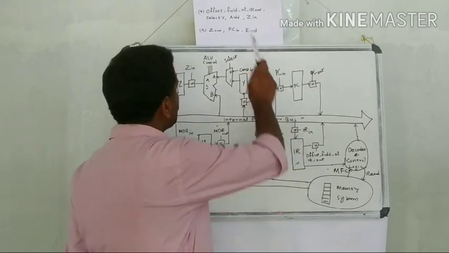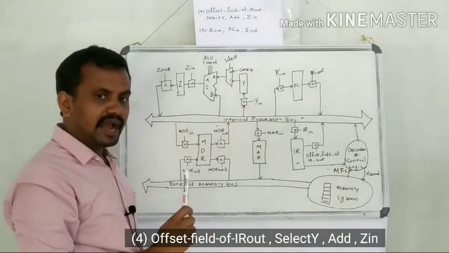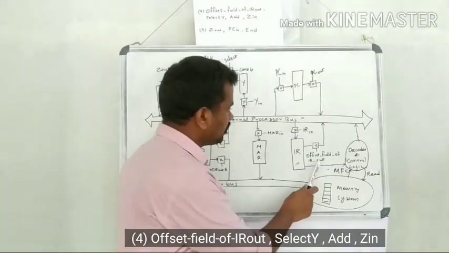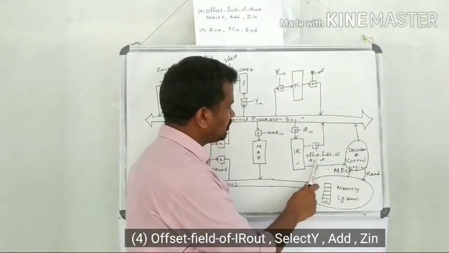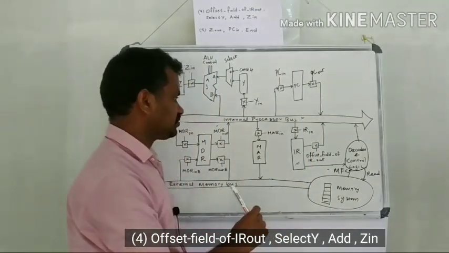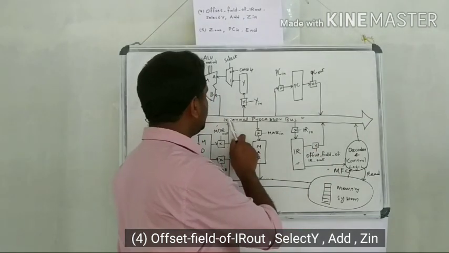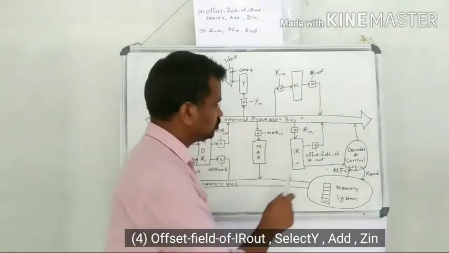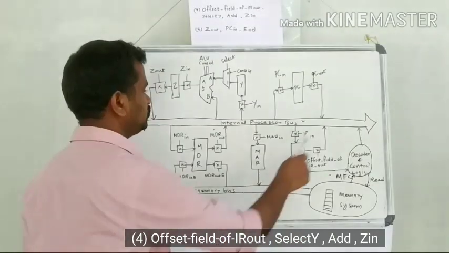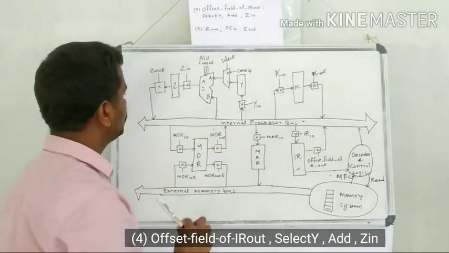So during the fourth step, offset field of IR out will be activated. That is, the offset field of the instruction present within the instruction register will be available on the internal processor bus through this switch. So that will reach the B input of the ALU also.